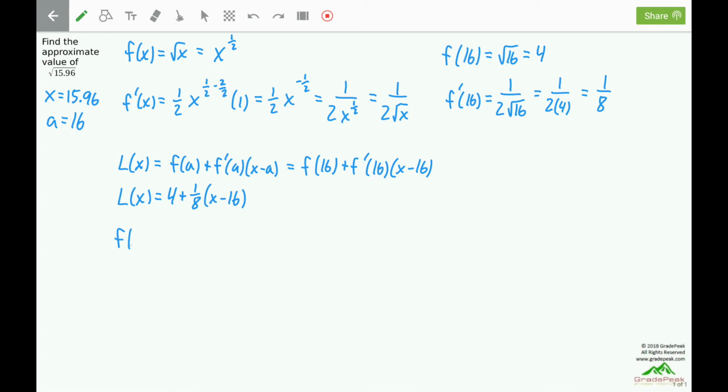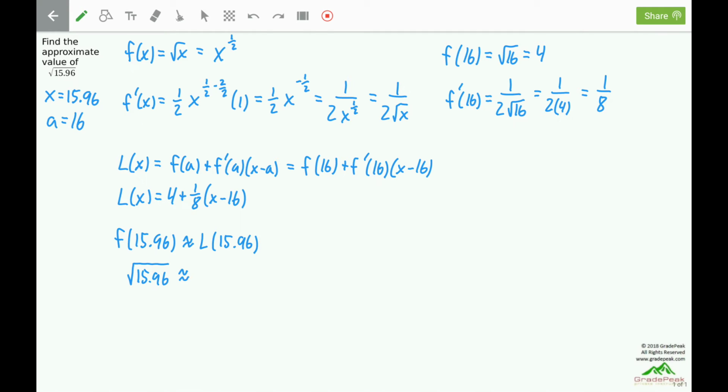f of 15.96 can be approximated by L of 15.96. f of 15.96, if we plug that in for x and f of x, that will be the square root of 15.96.